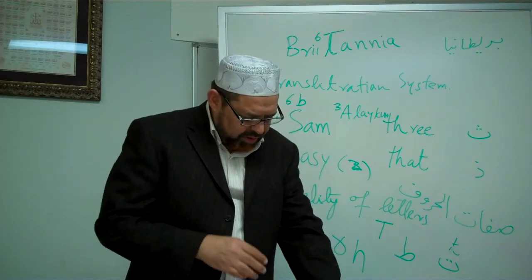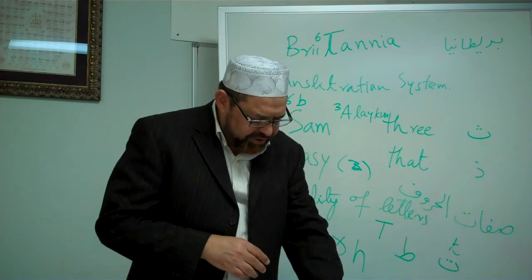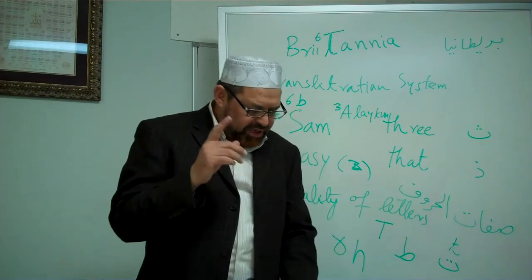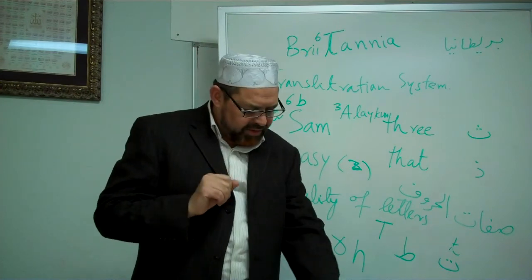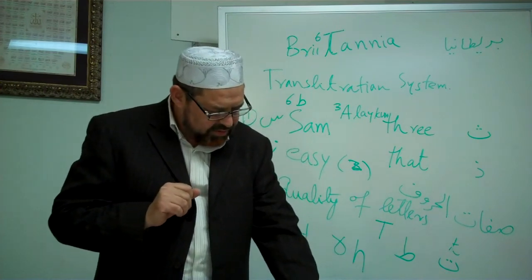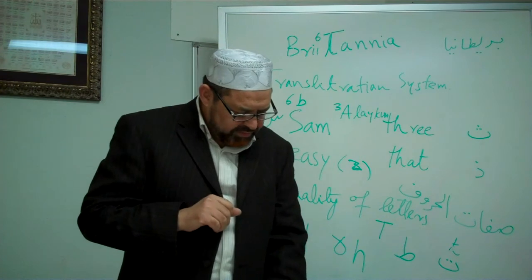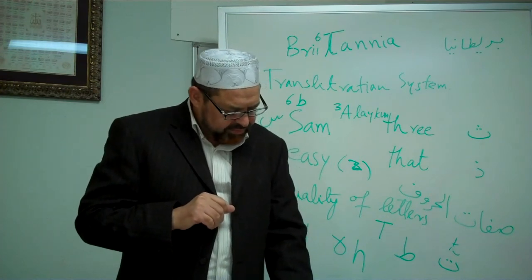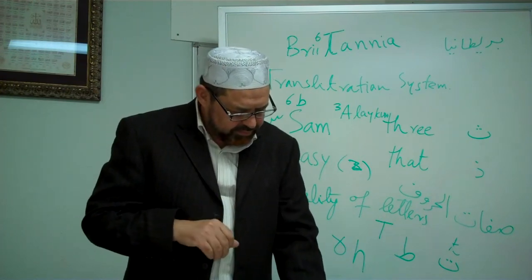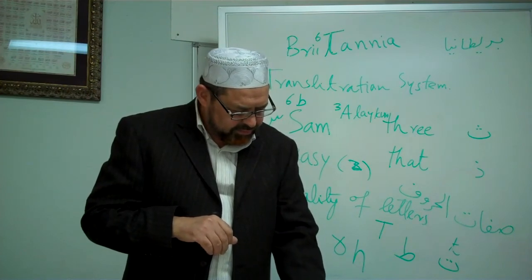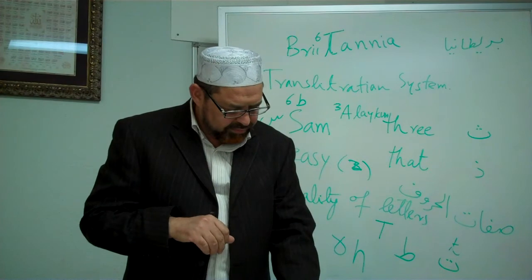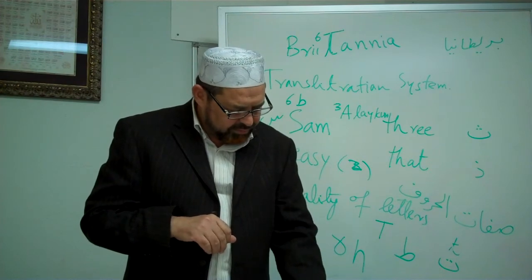We are on page number 11, the second paragraph. The transliteration system used in these materials is shown in the following charts. We developed this system to be simple, and the main difference between it and other systems is that it uses uppercase letters rather than dots and symbols to represent emphatic sounds.